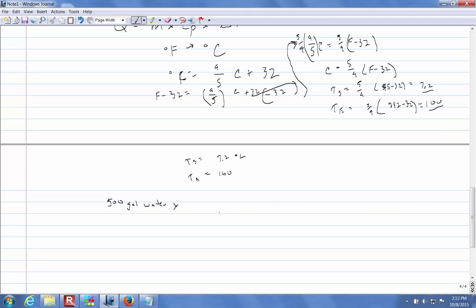I think it's 8.33 pounds per gallon, right? Heavy. So now we got it in pounds. We want to get it to kilograms. How many kilograms per pound? We did that last week. 0.454 kilograms per pound.